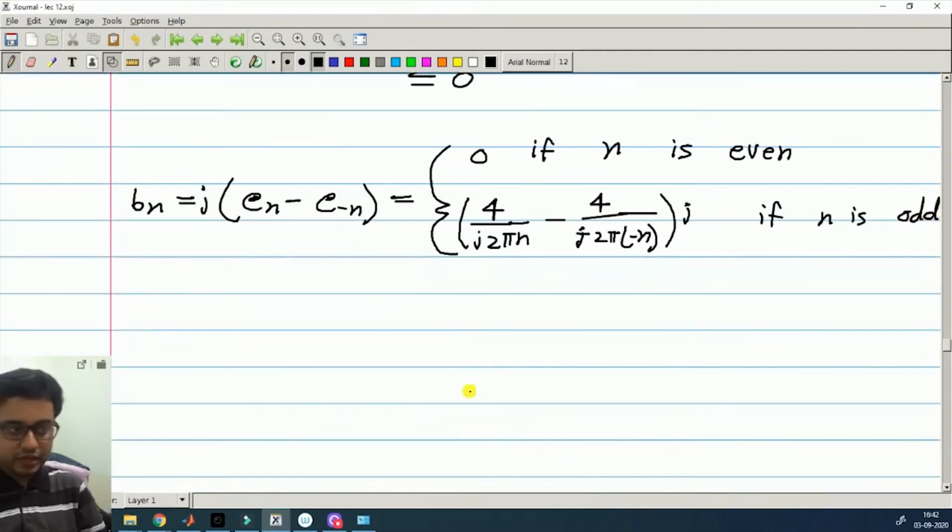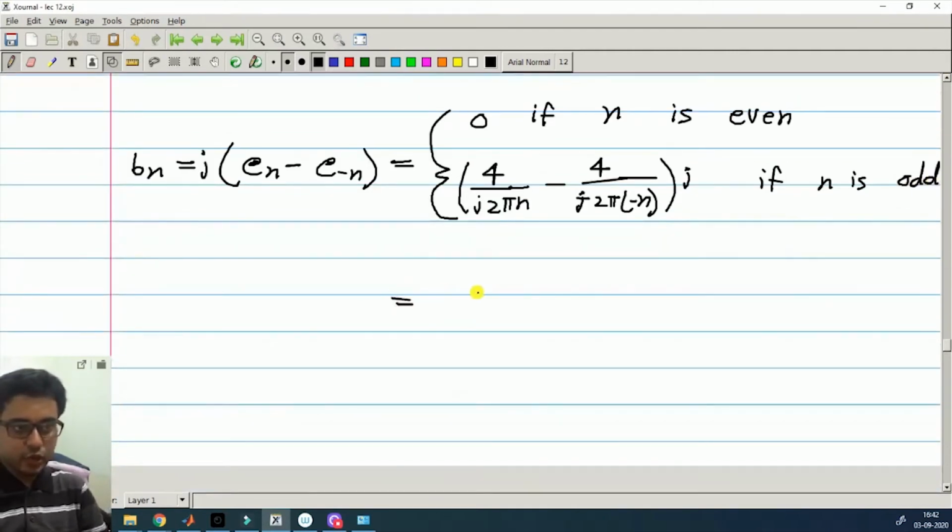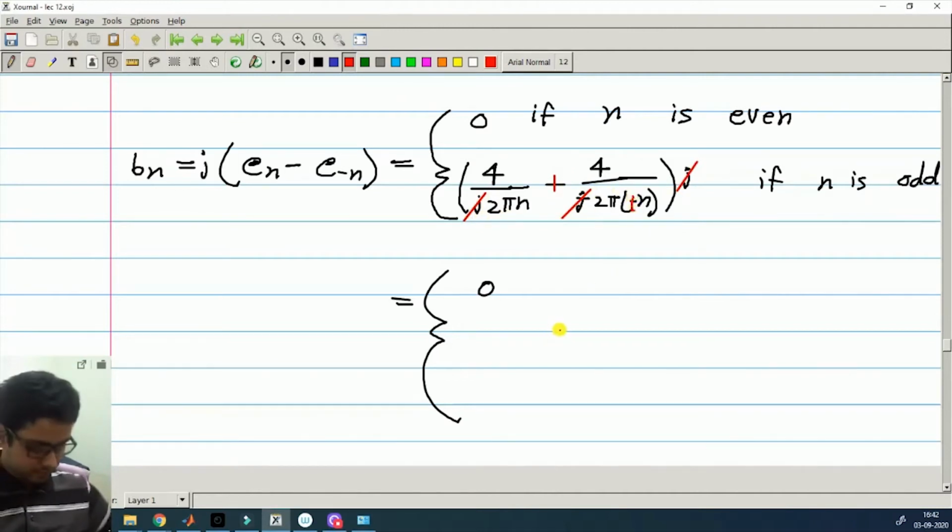So this you can write as equal to 0 for even n, and for odd n this j goes away, this becomes plus, and this will give us 4 by n pi.